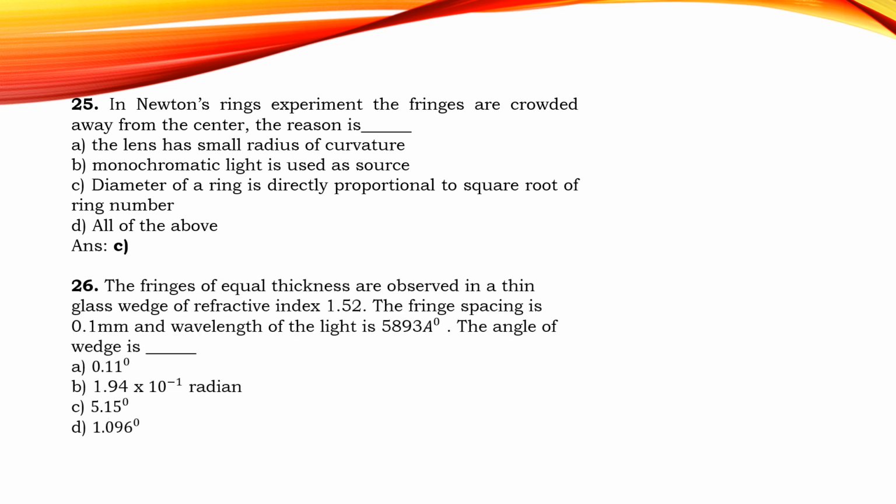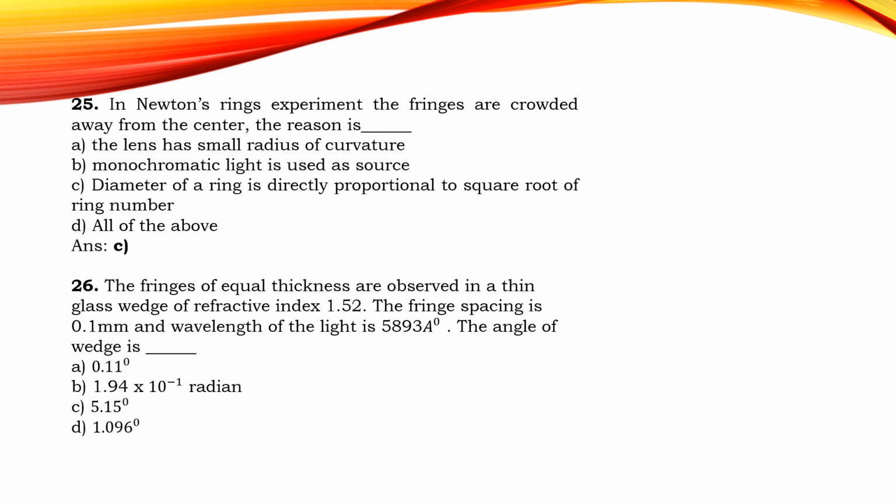Next and the last MCQ is the fringes of equal thickness are observed in the thin glass wedge of refractive index 1.52. The fringe spacing is 0.1 mm and wavelength of the light is 5893 angstrom.